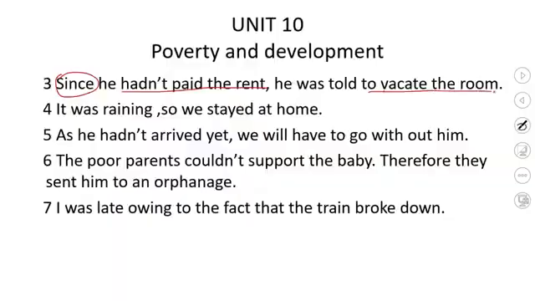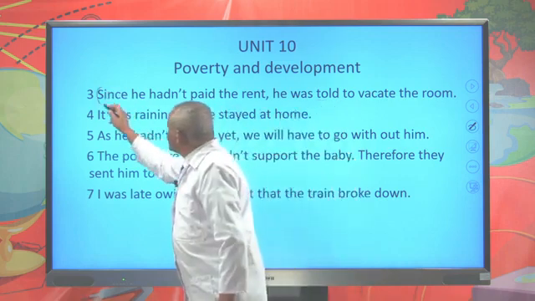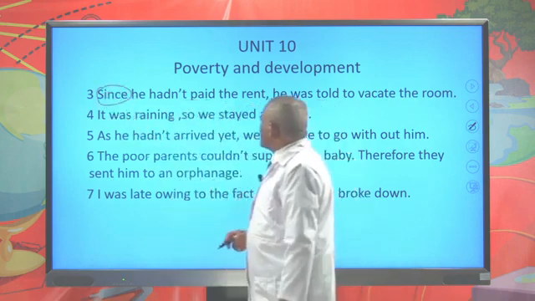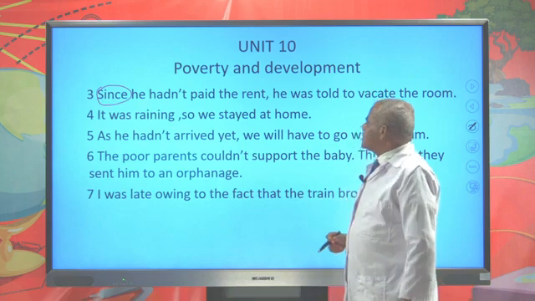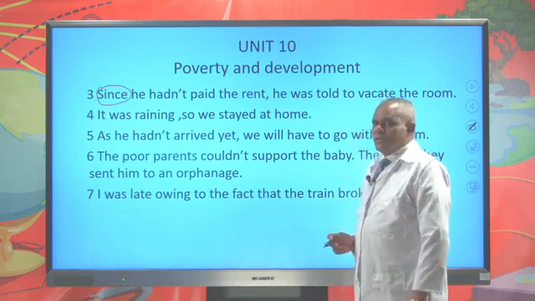Come again. Since he hadn't paid the rent, he was told to vacate the room. Very nice. "Since" is a very important one. Since he hadn't paid the rent, what is that? An interesting cause.